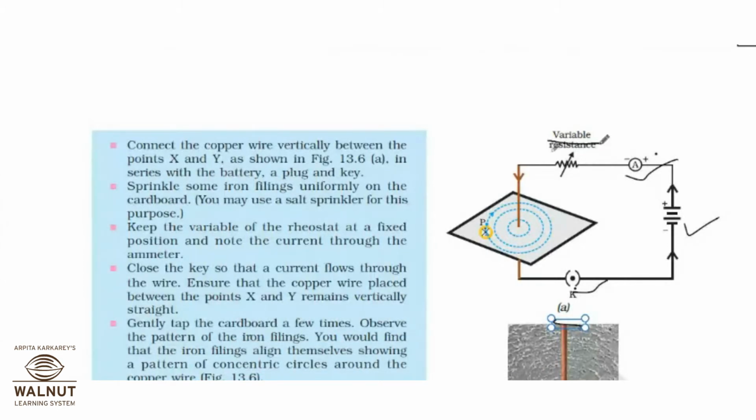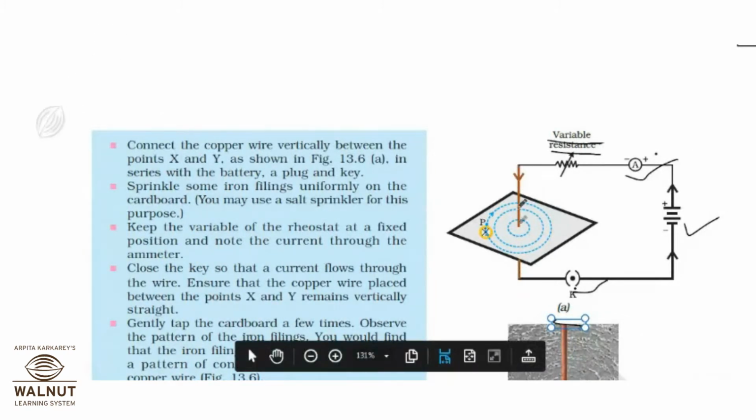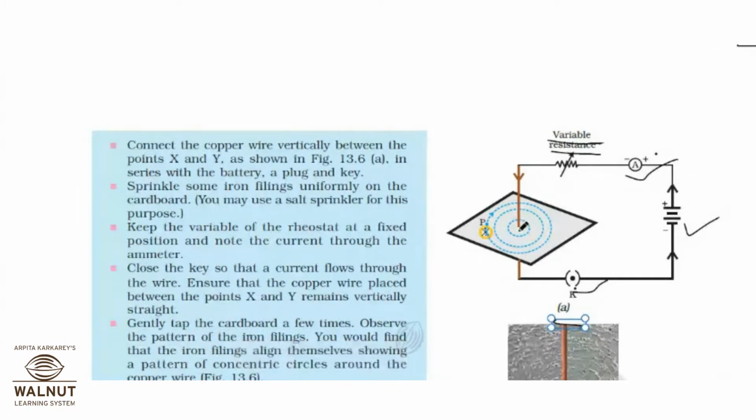There is variable resistance, then there is a conductor. You can see this conductor is a straight one. Okay, and we have pierced it through the center of the cardboard. So suppose this cardboard is ABCD. Connect the copper wire vertically between the points X and Y as shown in figure 13.6a in series with the battery, a plug, and the key. So you have to make the connections.